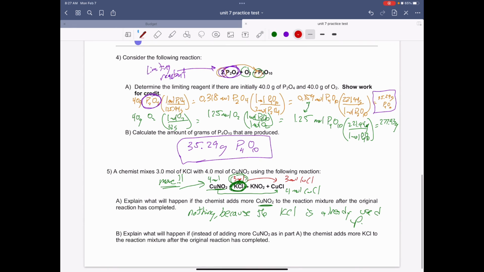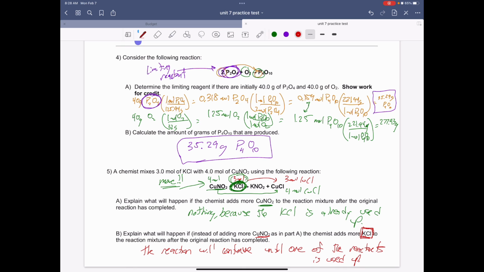The next question says, well, okay, what if instead of adding the copper nitrate, what if you add more of this stuff? Remember, this was the limiting reactant, right? So what will happen if you add more of that? Well, the reaction will continue, and now it just depends on how much you add. The reaction will continue until one of the reactants is used up.